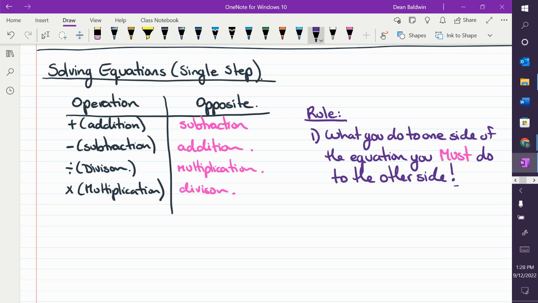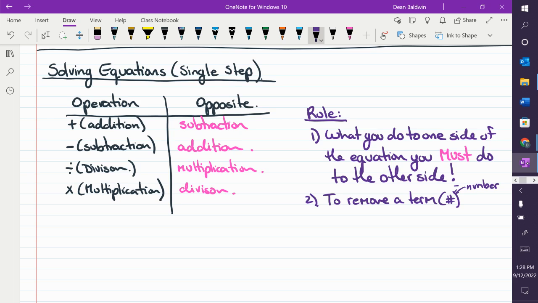The second one's not really a rule, but sort of a guideline. I don't know what it is, but I'm going to write it down here anyway. To remove a term, in this case, they're going to be a number. If I put a hashtag or a pound sign, that's my shorthand for number because I'm too lazy to write the word number.